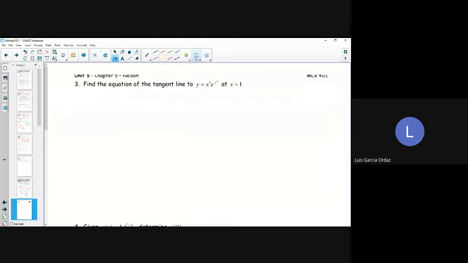So now we want to find the equation of the tangent line to the function y is equal to x cubed times e to the x squared. So again, we're going to have to use product rule. So it's p prime of x times q of x plus q prime of x times p of x.